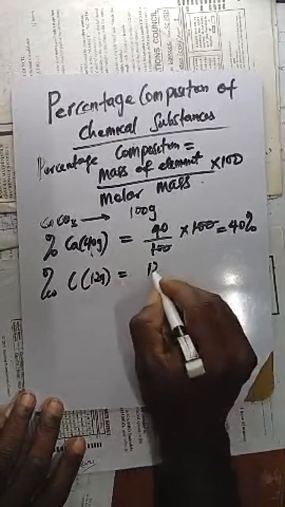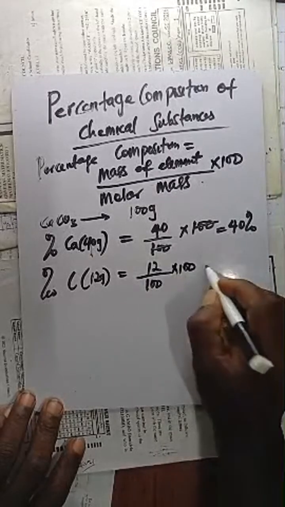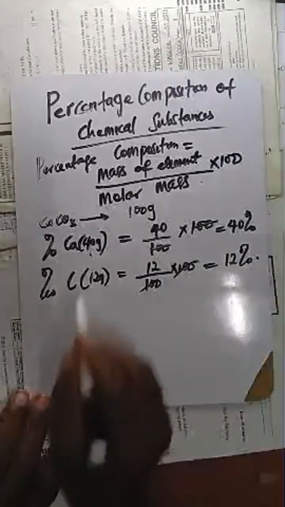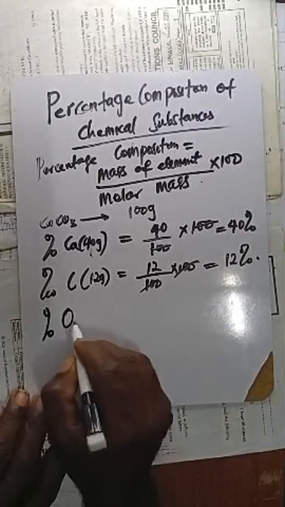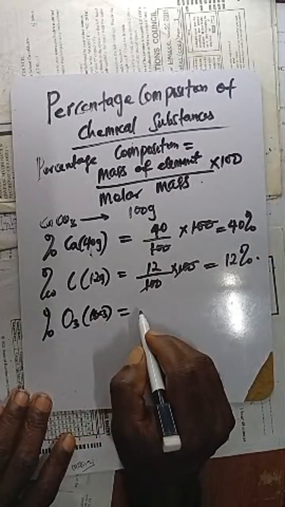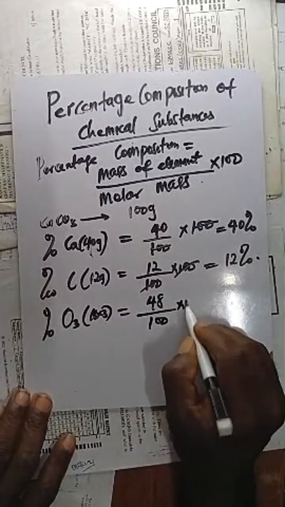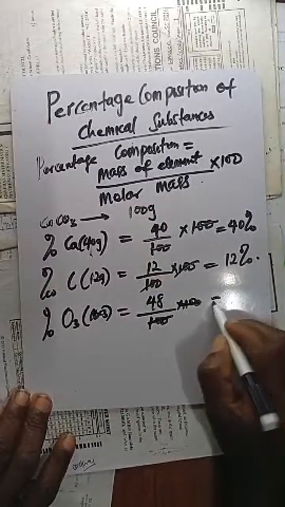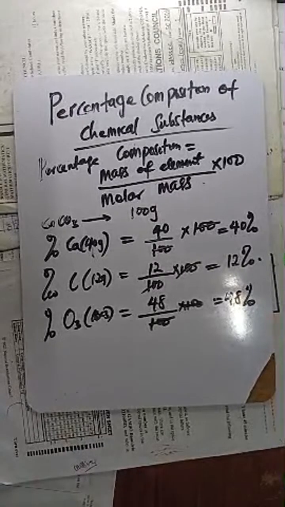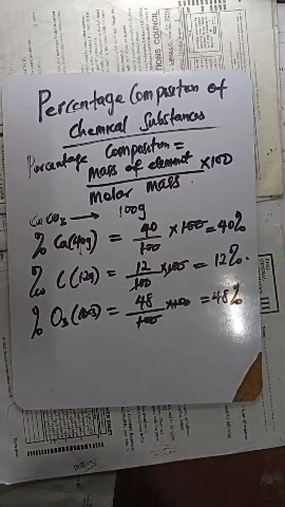So percent will be 12 over 100 times 100. This will cancel to give you 12%. So for the percentage composition of O3, which is 16 times 3, and 16 times 3 is 48 gram, it will be 48 gram over 100 times 100. So this will cancel this to give you 48%. So that is how we calculate percentage composition.